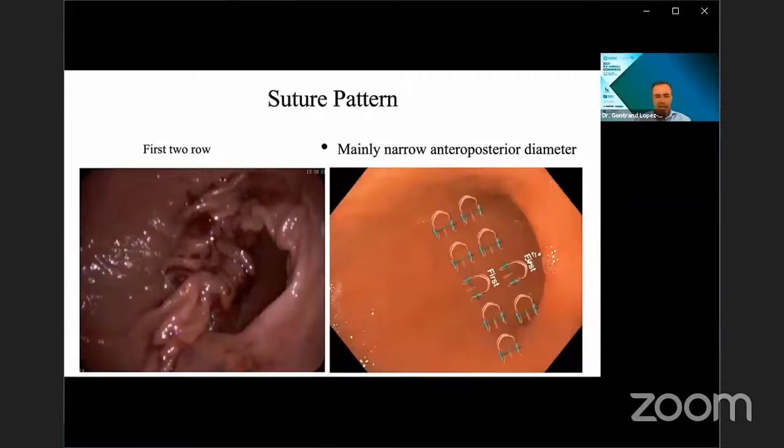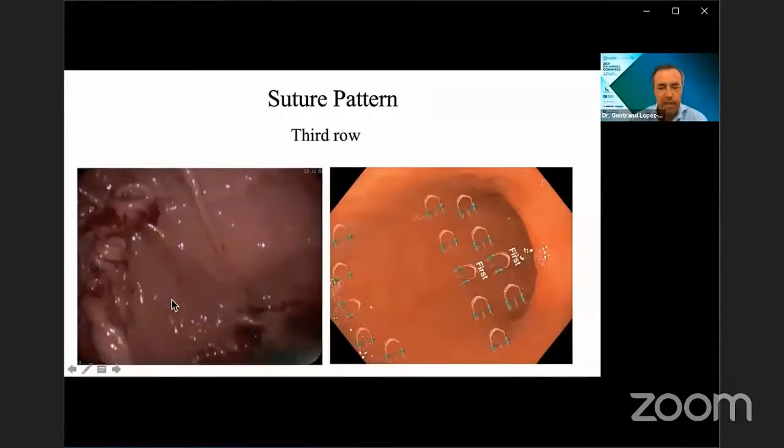And in this slide, I want to try to break down and explain the suture pattern. So here on the right side, we see the first 2 rows of plications. You can orientate them in the longitudinal axis or in the anterior-posterior axis to try to create this image in the first 2 rows.